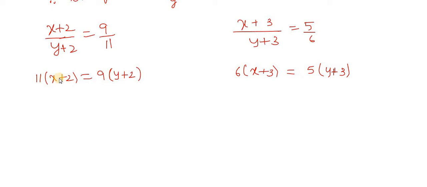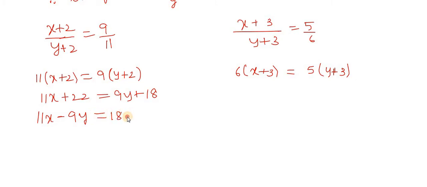Okay, so then 11 into x, 11x, plus 11 into 2, 22, equals 9 into y, 9y, plus 18. So then 11x minus 9y equals 18 minus 22. Okay, so now simplify this.